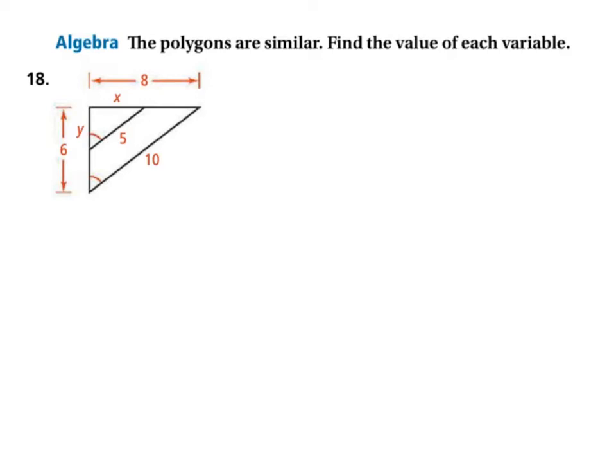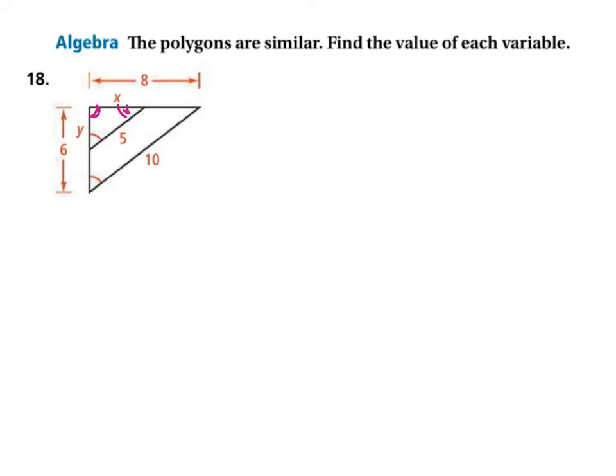Okay, so this one says the polygons are similar. They're already telling us that they're similar. So we're going on that, and now find the value of each variable. Since you can see that we have corresponding angles there, and just for fun, let's mark out that this angle is a shared angle, because both the small triangle and the big triangle have that.